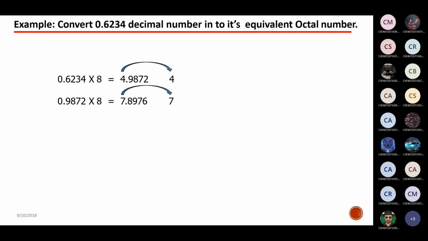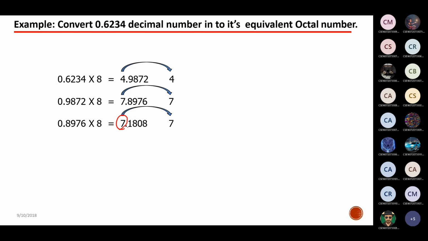After that, 0.9872 into 8 will give 7.8976. Note down this result and again change it back to 0. Means you need to take 0.8976 and multiply it with 8. See this one, 0.8976 multiply with 8 will give 7.1808.